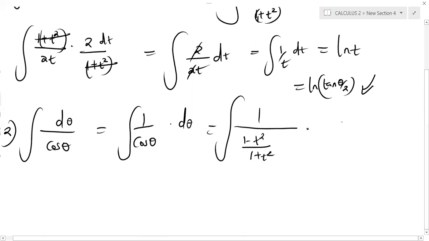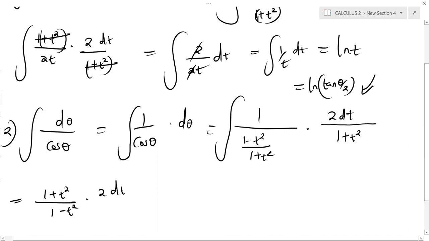And d theta is the same as 2 dt, all this divided by 1 plus t squared. So what do we have here? 1 divided by this is the same as multiplying by the reciprocal. So I'll have 1 plus t squared over 1 minus t squared multiplied with 2 dt, all this divided by 1 plus t squared, the integral of this.